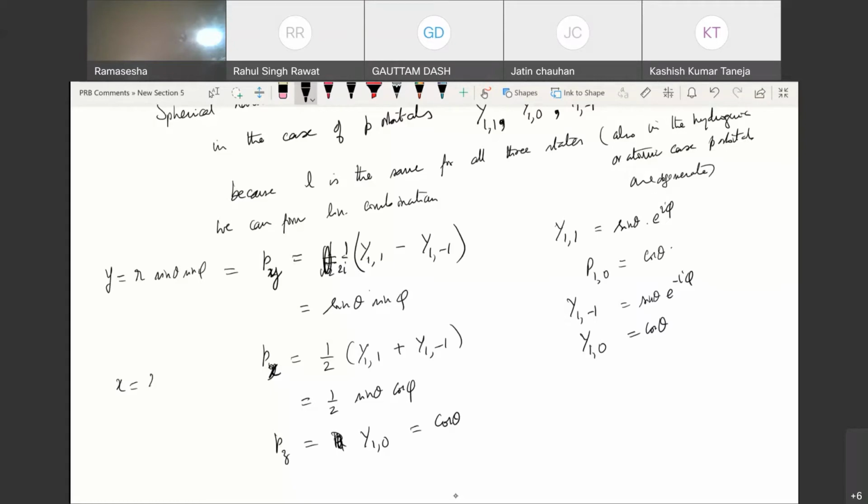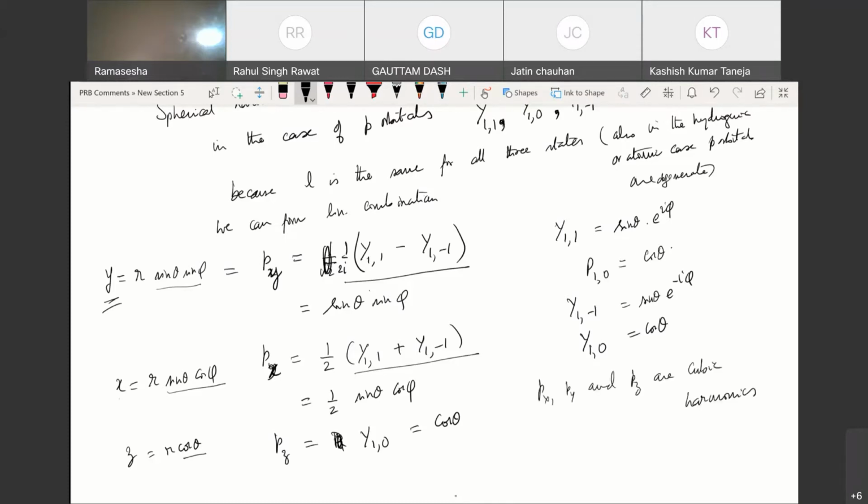If you forget the constant factor, this is given by the linear combination, similarly the other one, and z will be like the z. So these are called cubic components.